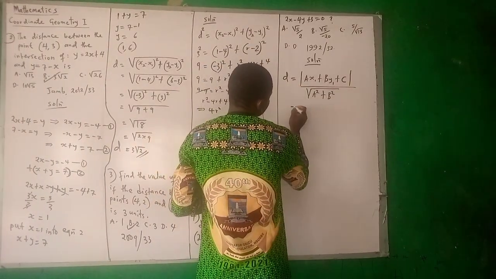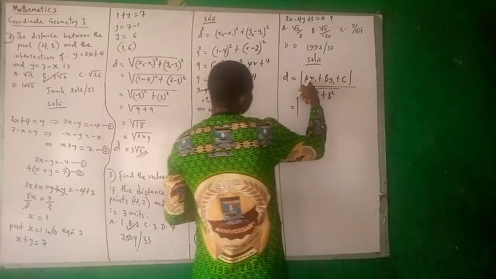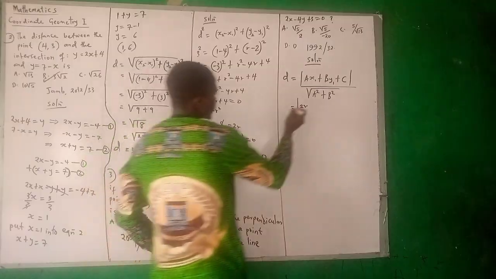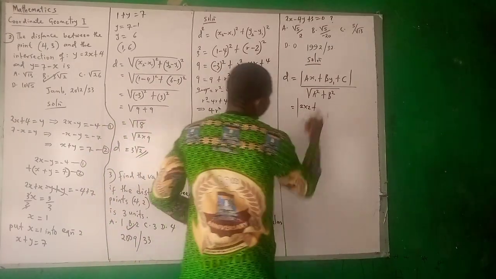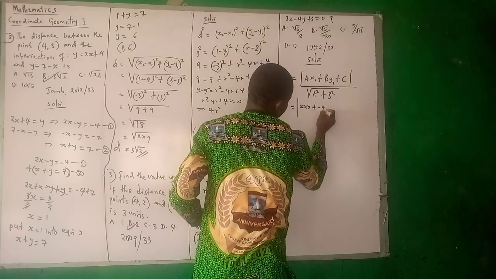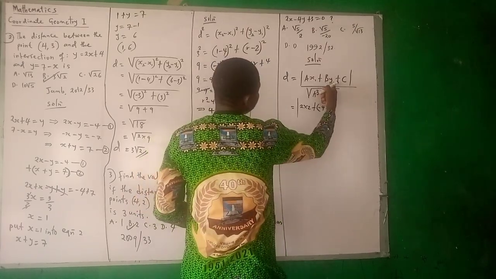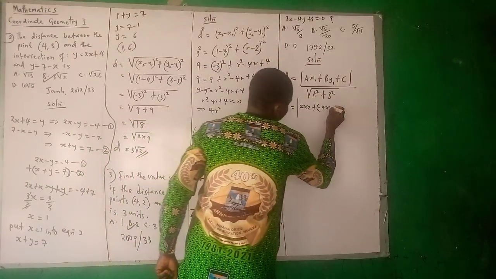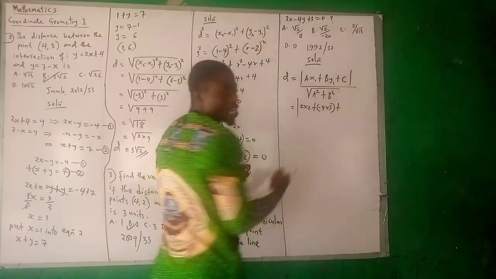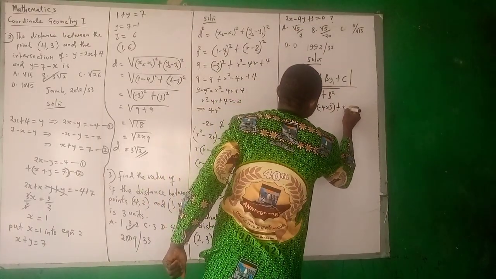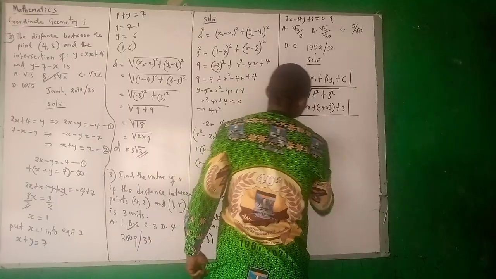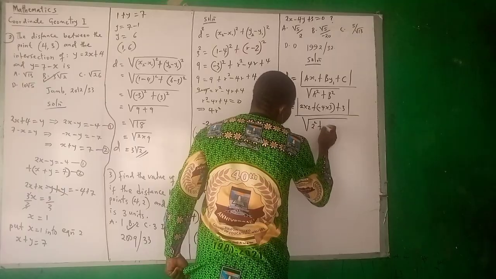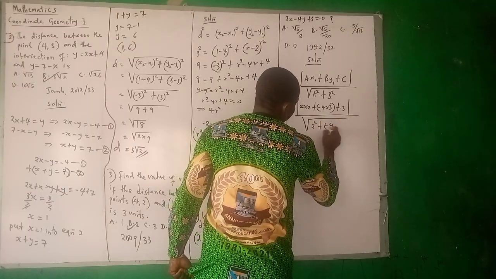And that should be the absolute value of a, which is 2, times x1, which is 2, plus b, which is minus 4, times y1, which is 3, plus c, the constant, which is 3, then over the square root of a squared, 2 square, plus b squared, minus 4 square.